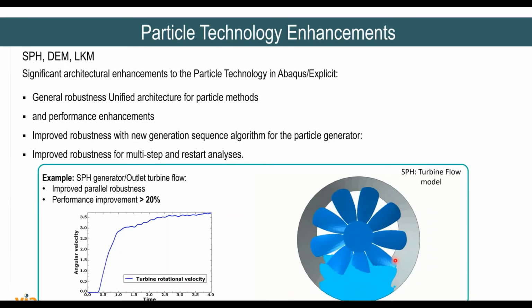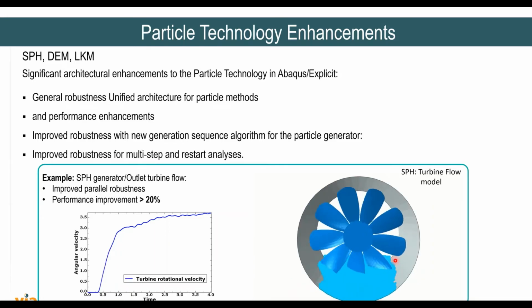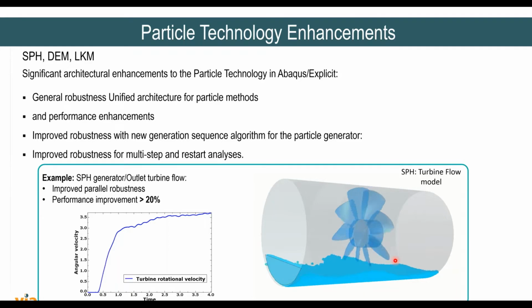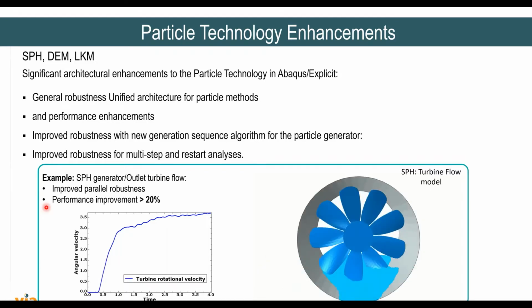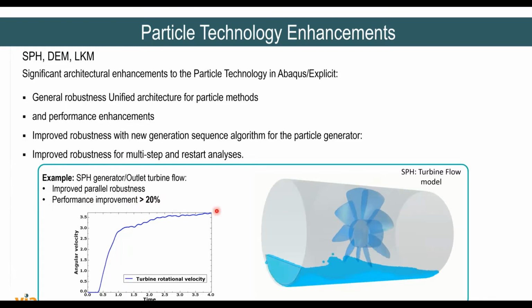If you look at this example, you have the turbine flow, the fan blades, the liquid flowing, and there's a contact. In this newer version, it shows improved parallel robustness and a performance improvement of more than 20%. This is the kind of improvement that you would see in Abaqus 2022.